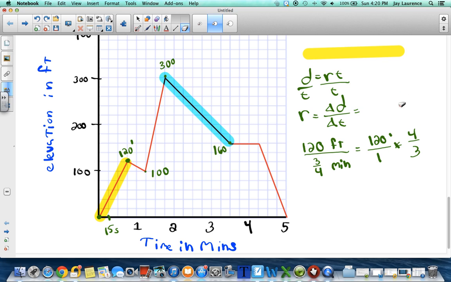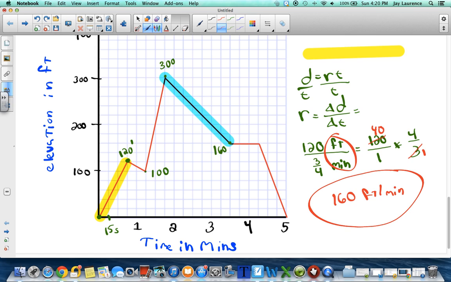And now I get to look for Wonder Woman. And here she comes. 3 goes into 120 40 times. 4 times 40 is 160 feet per minute.